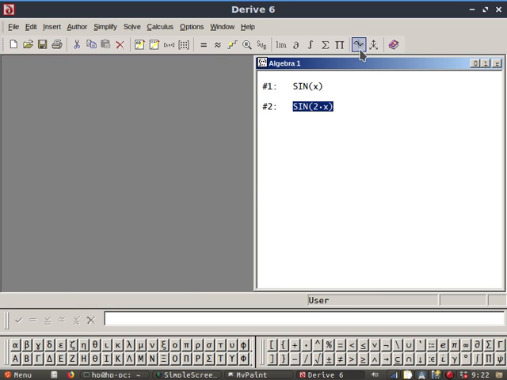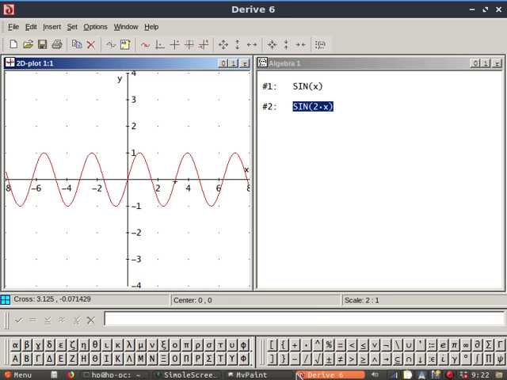I'll draw sine 2x, okay? And then let me draw sine minus 2x. If you picture this being on a piece of plastic, it's like you flip the image around. So this hill here, instead of being on the right, should be over here on the left. So let's have a look.